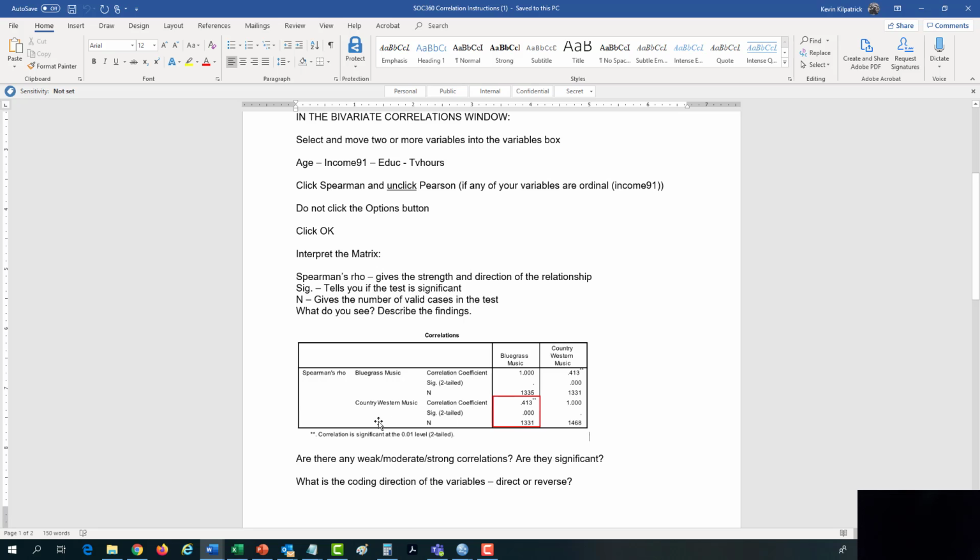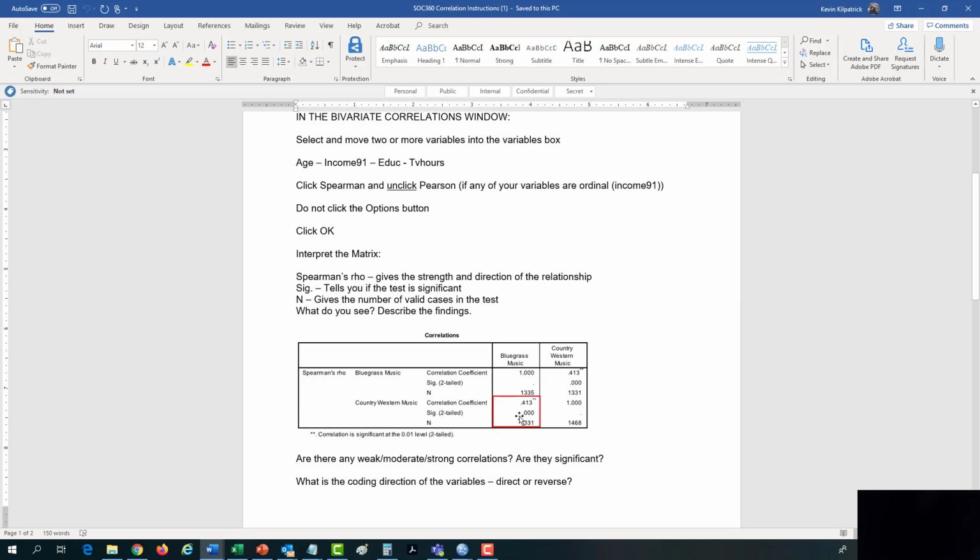So this particular correlation, bluegrass and country western music, is a significant test, right? And remember what that means. If you have a significant test, you can make the jump from the sample that you're looking at to the greater population that you're talking about in your report, like the city of San Marcos.